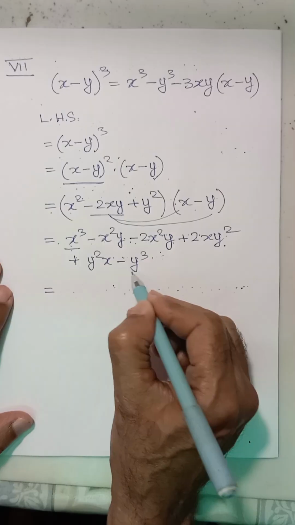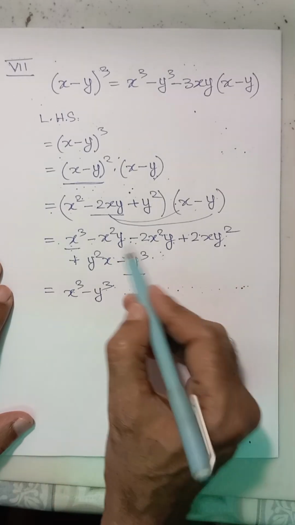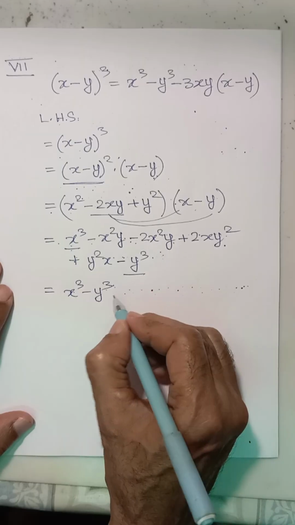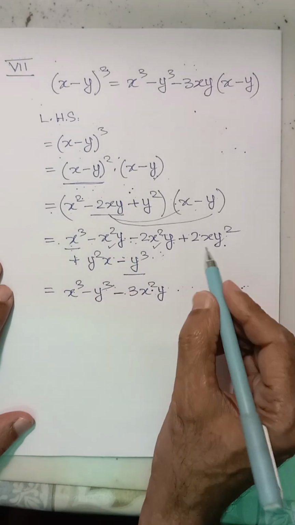Now we'll arrange it: x³ − y³. First we'll take this: minus x²y minus 2x²y will become minus 3x²y.